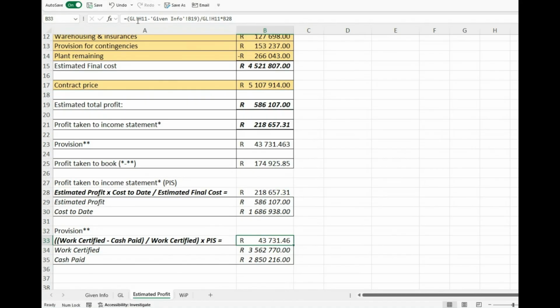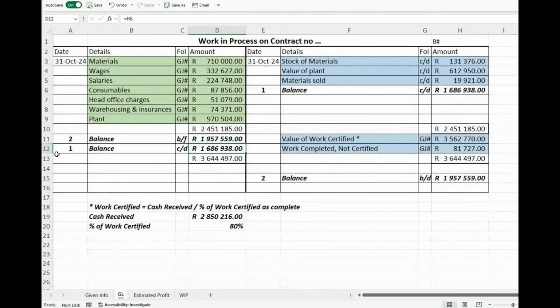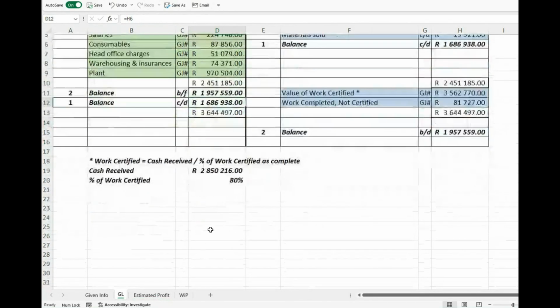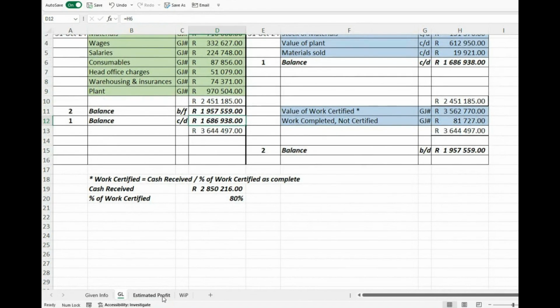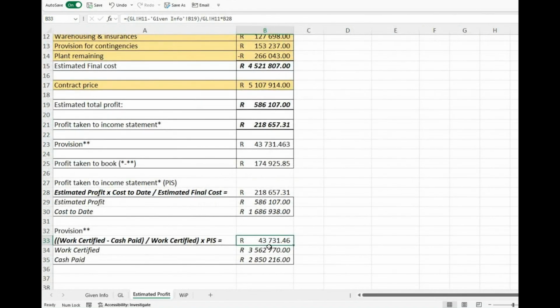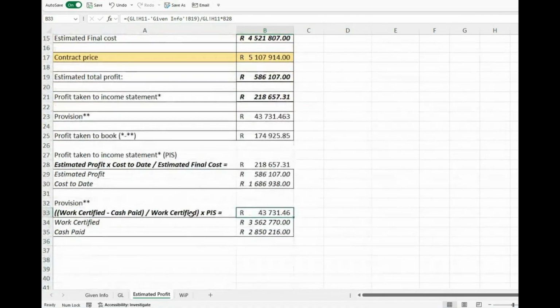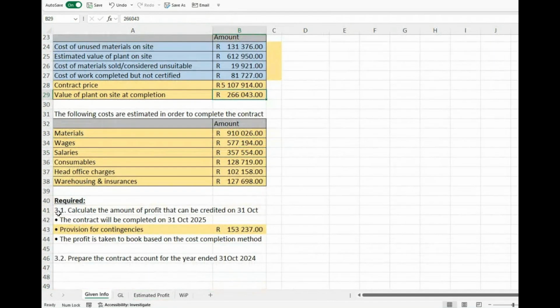It is the General Ledger H11, then we have the given info, and then the information from the General Ledger. Oh no, sorry, R11 times B28. So you calculate that. Now you have done everything that was required here in 3.1.